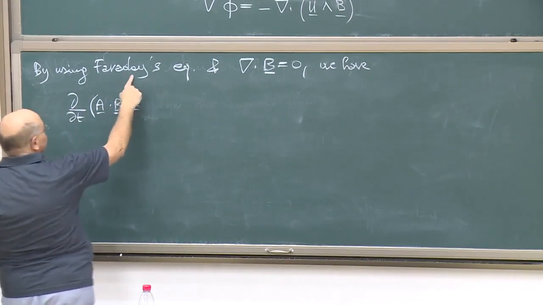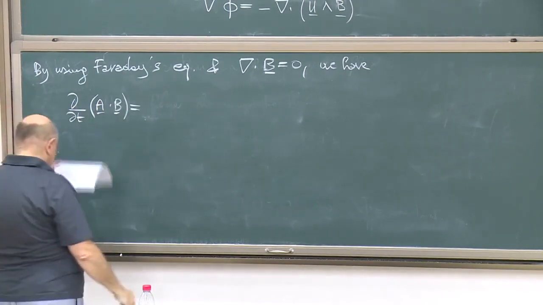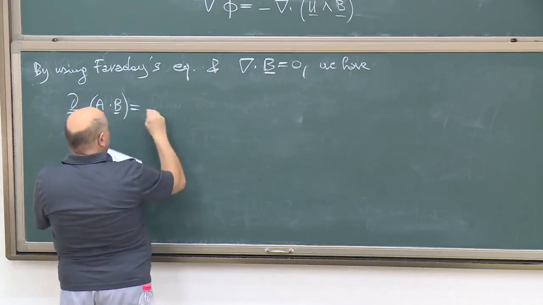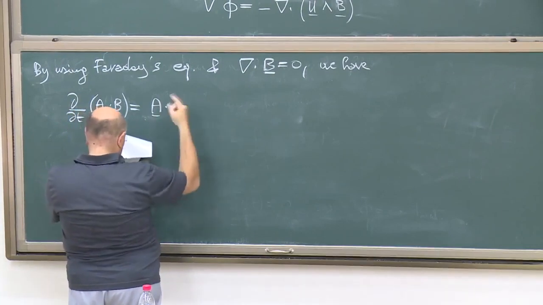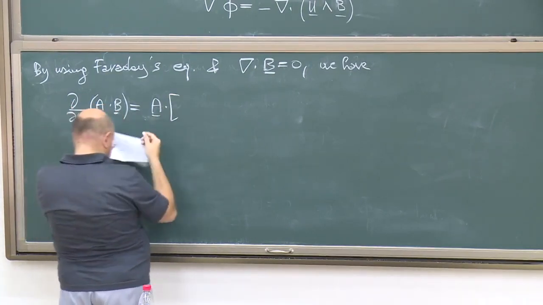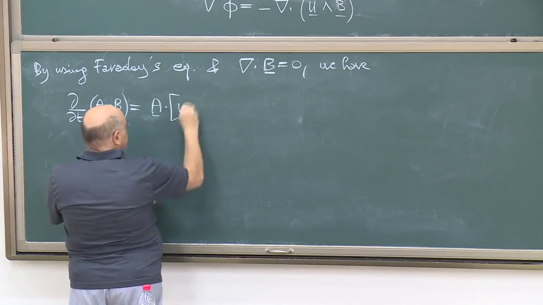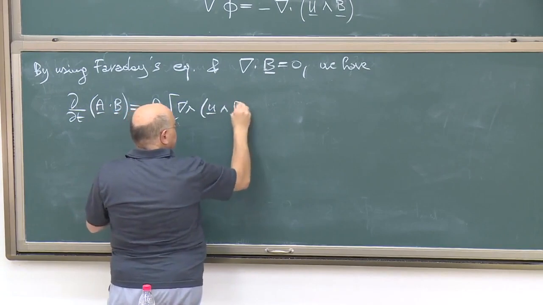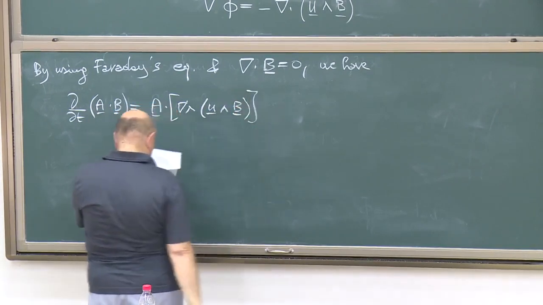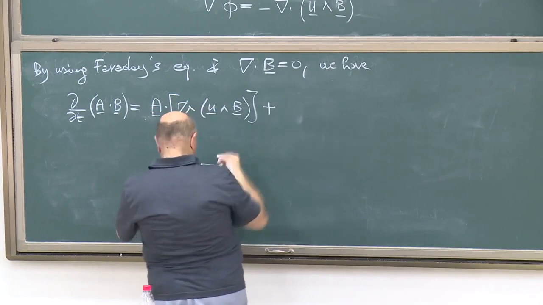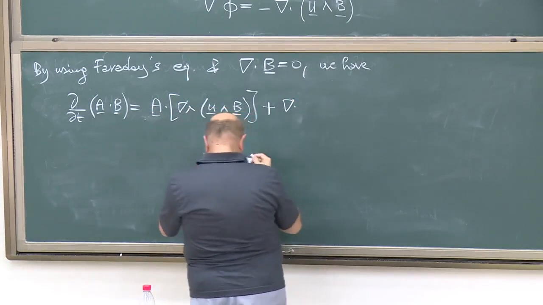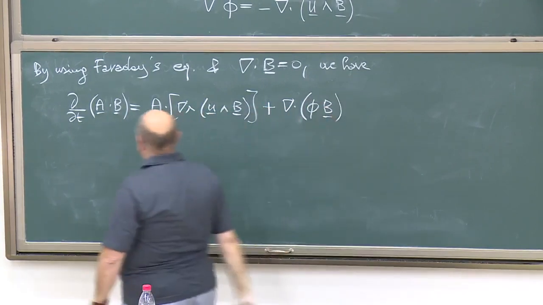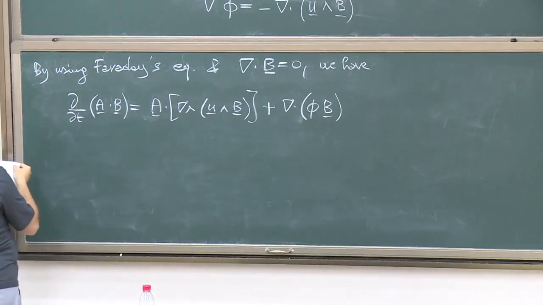Faraday's equation helps us to define ∂B/∂t, the curl of U cross B. And then we have this grad phi to take care of, and so we are there.